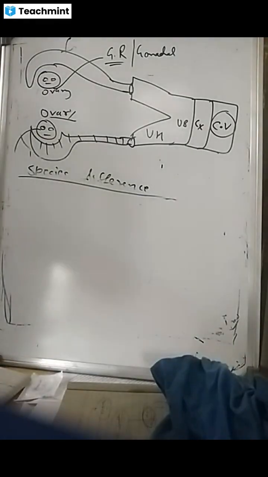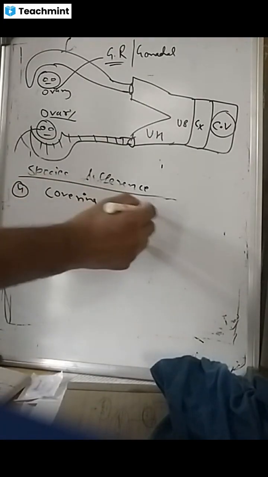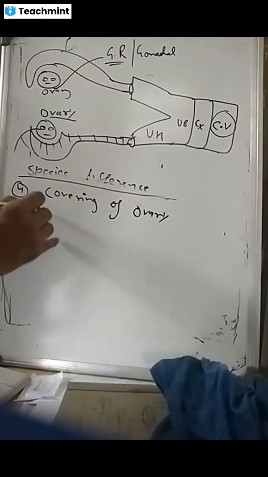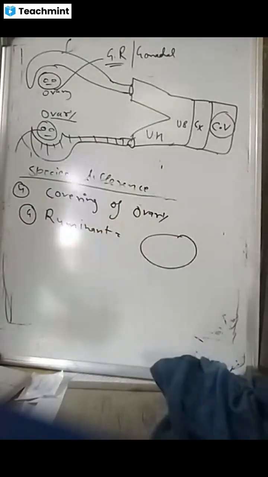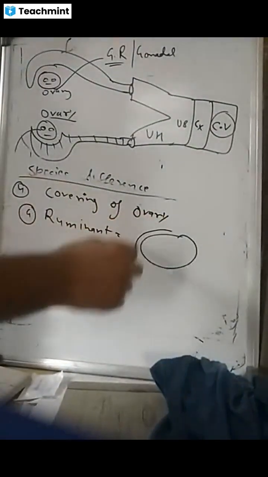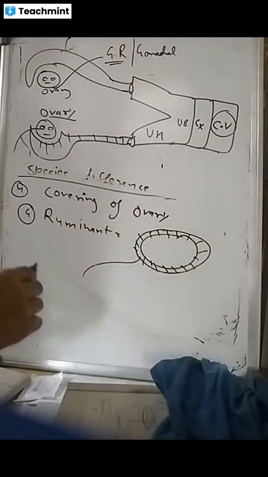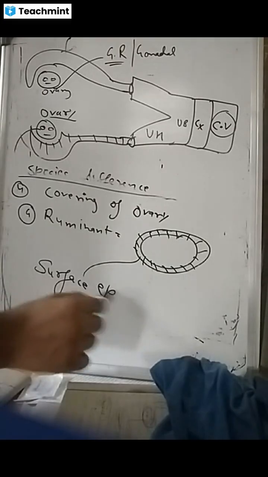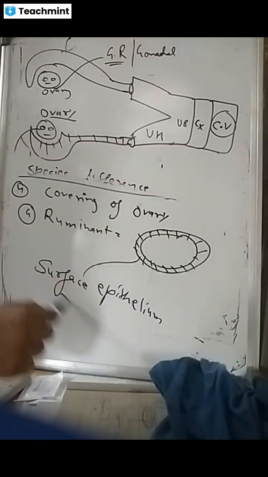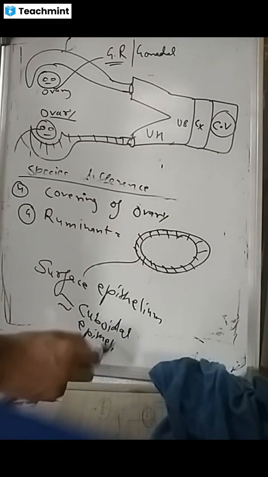Next is the covering of the ovary. If we see a ruminant ovary, this ovary is covered with surface epithelium, which is simple cuboidal epithelium.